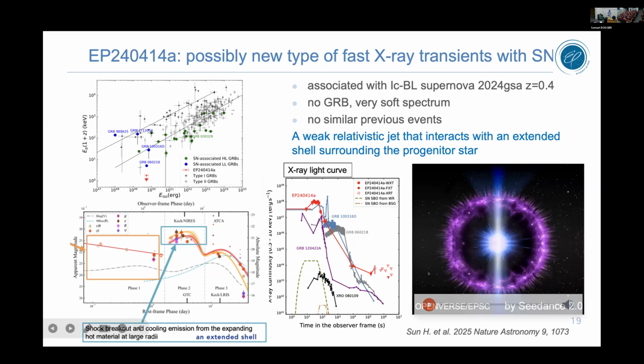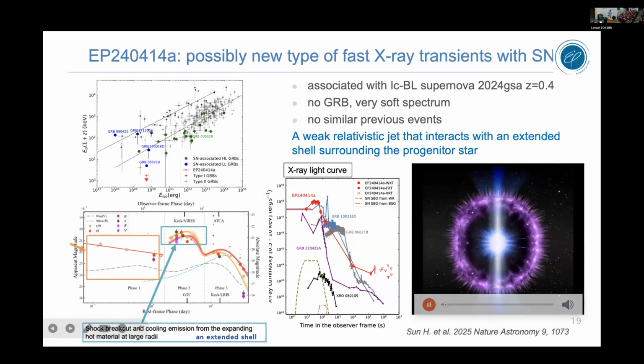And this is a cartoon that the EP science team made with a company, and I made it with the Chinese AI video model, Seedance, to show the evolution of this event. In the beginning, we have a star exploding in the center, and here is the purple one, the CSM, and we have a weak jet from the two poles.